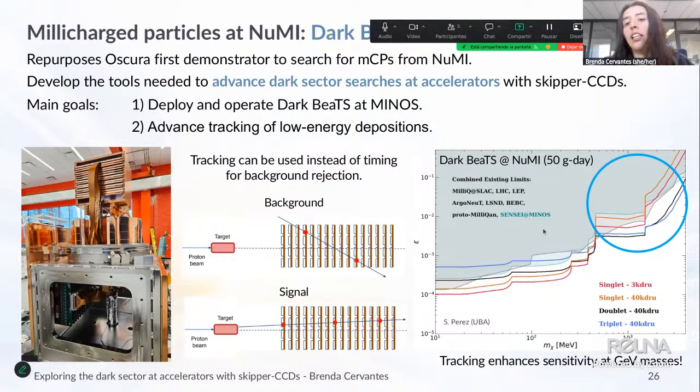So in the right plot here, you can see the projected sensitivities for DarkBits, considering a 16-layer detector with 50 gram-day, looking at both one deposition or multiple depositions.